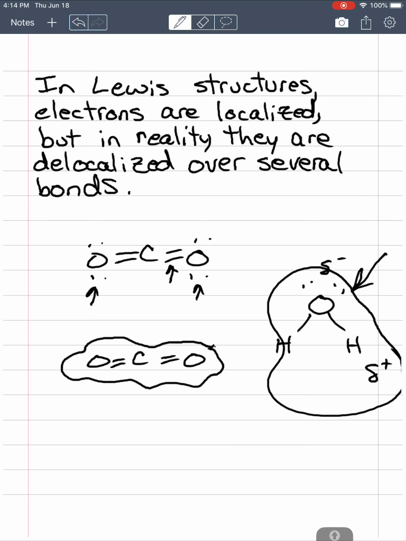But when you draw the Lewis structures, it's hard to draw something delocalized. So you just need to understand that it is delocalized, and that even though this is a good method, it does have some drawbacks as well. All right, so you get a resonance hybrid.